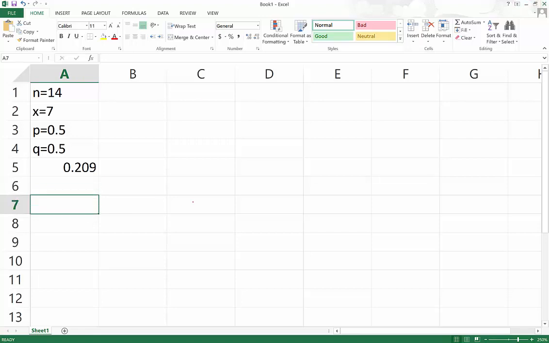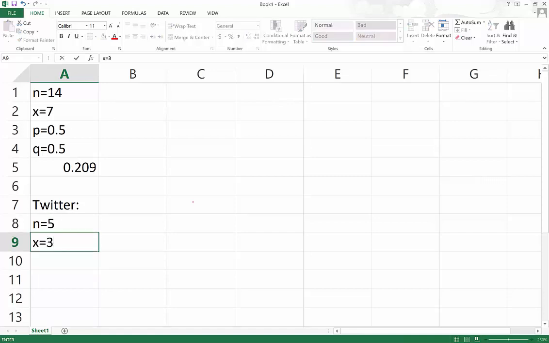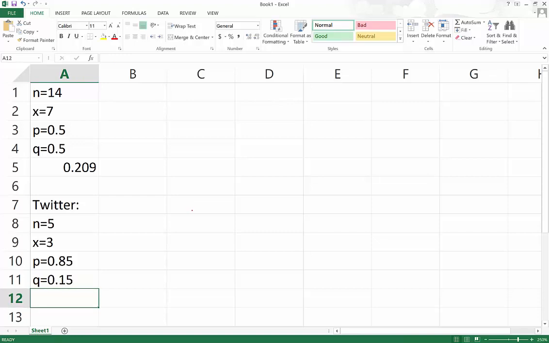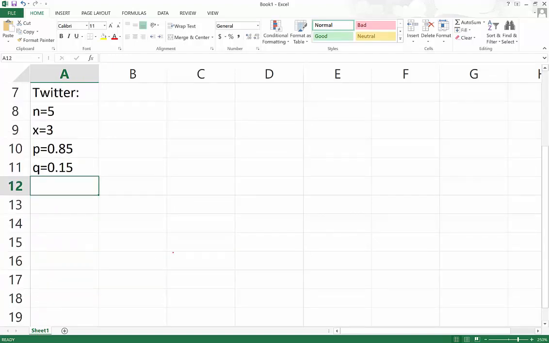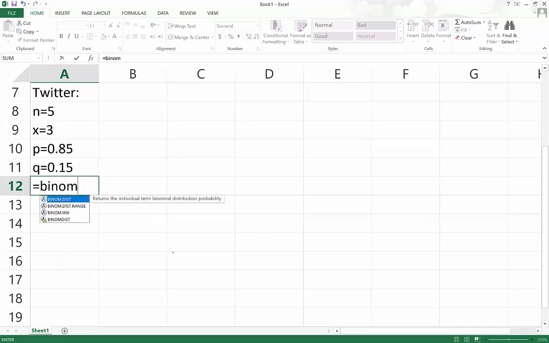For the other Twitter example, very similar. Here n equal to 5, x equal to 3, and probability of success p equal to 0.85. q equal to 0.15. So the binomial probability for 3 adults out of 5 adults who know Twitter will be BINOM.DIST.